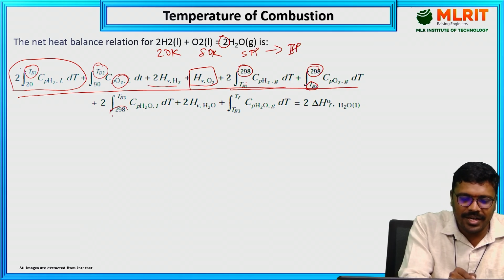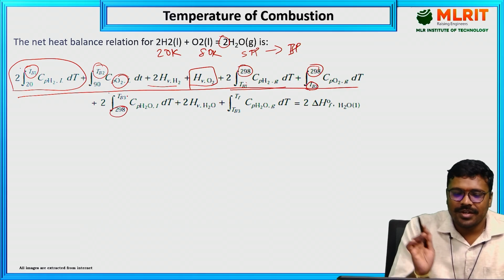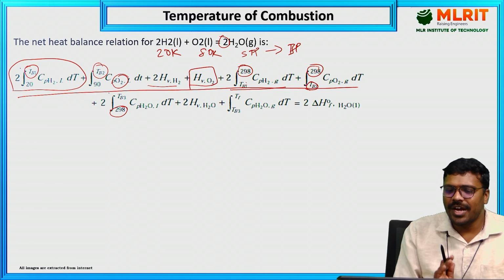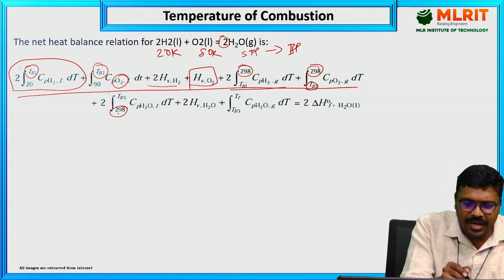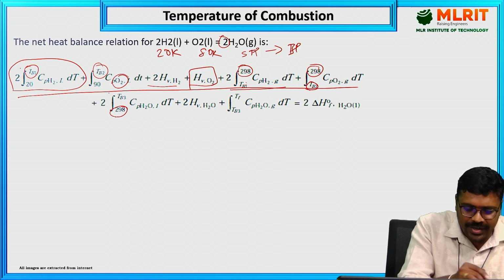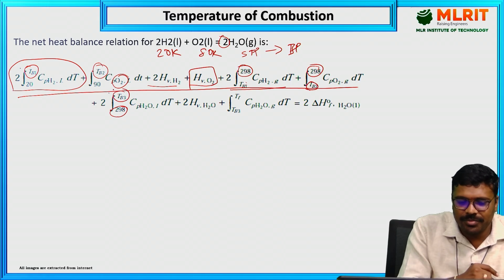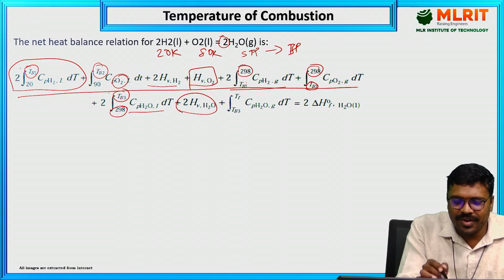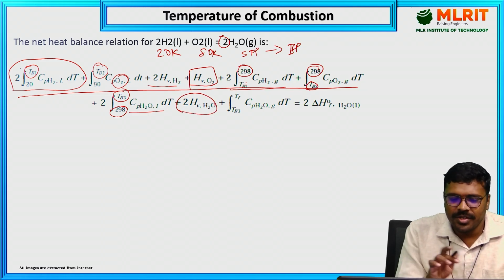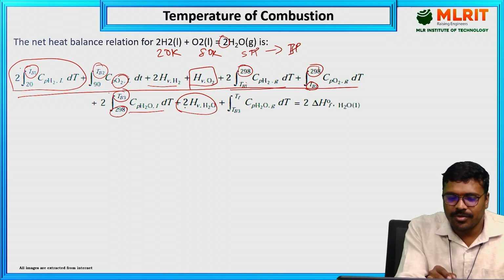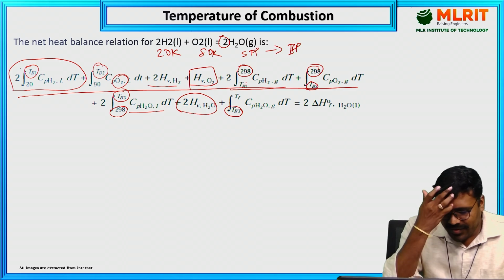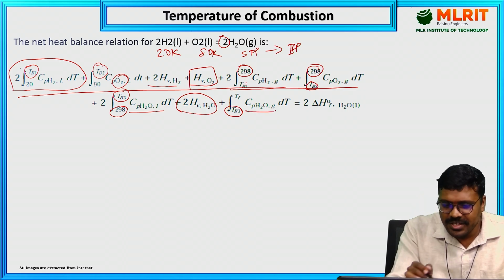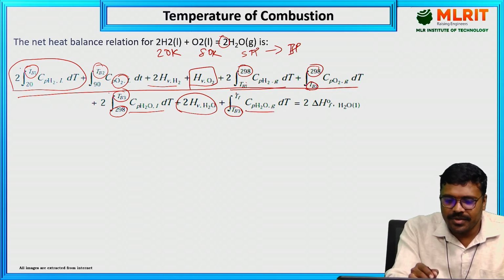So at 298, the energy required to convert liquid water at 298 Kelvin to the boiling point Tb3 is 2 into Cp delta T, plus latent heat of water, latent heat of H2O from liquid state to the gaseous state for 2 moles, and next water from gaseous state, Cp of H2O in gaseous state, to the final temperature Tf.